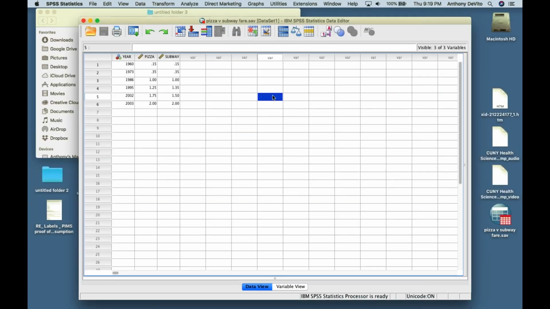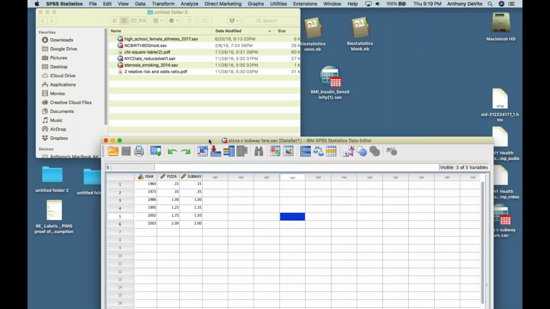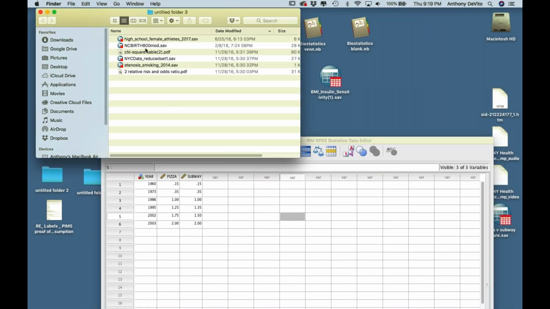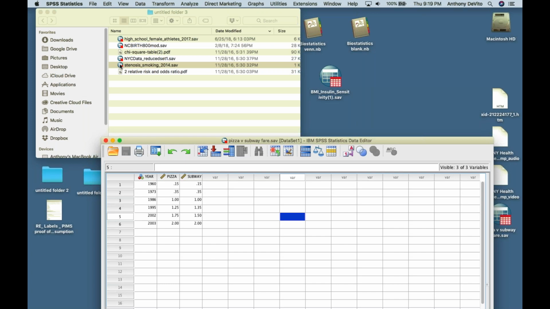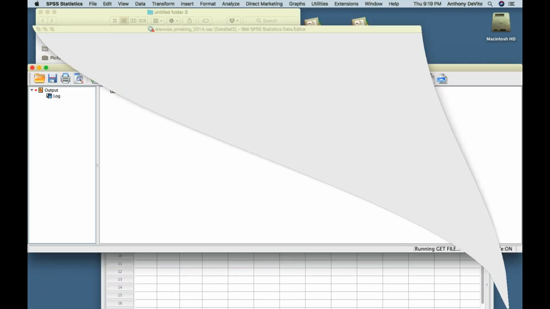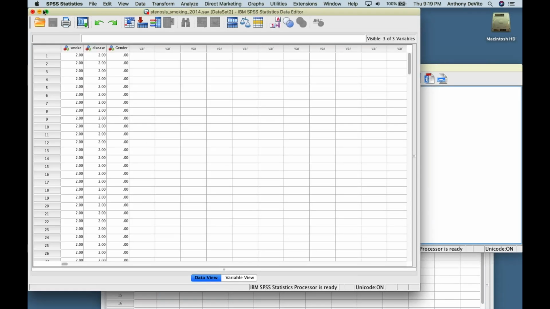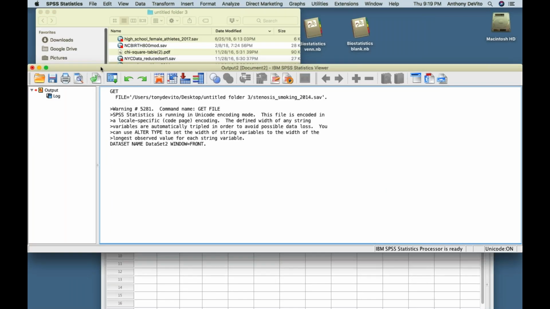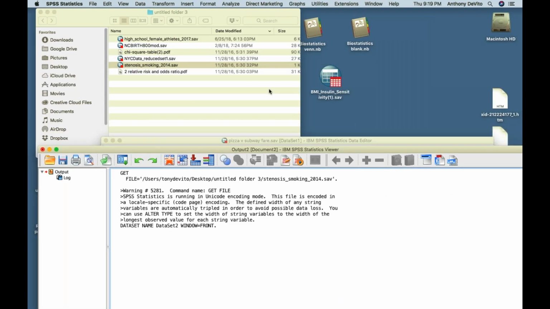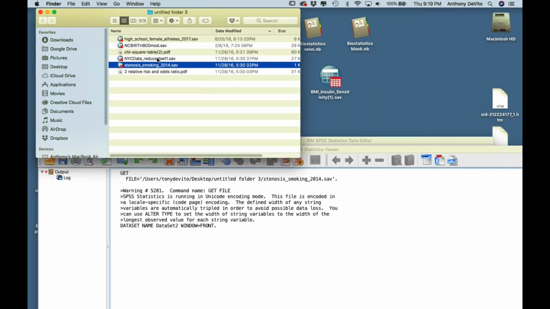So what I'm going to do instead is see if I can find one. Let's see if I got the one with HIV. I'm going to open this one. See what we have here. I think this is my categorical. This is all categorical. No, HIV would be the same thing.